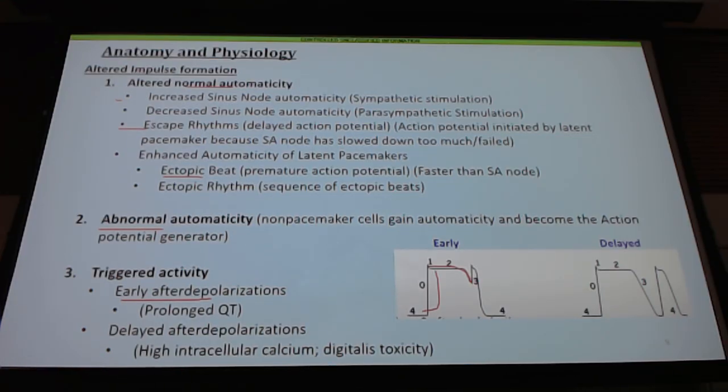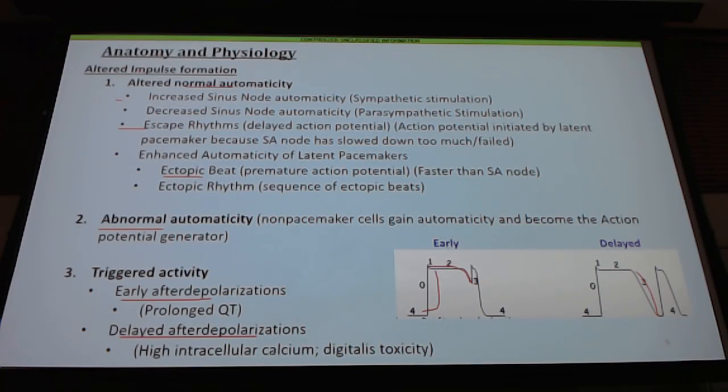The other triggered activity is these delayed afterdepolarizations, and these would be in situations like with hypercalcemia, where the cells have all repolarized, but you haven't really gotten the cell membranes back to normal yet. Like that phase 4 of the action potential hasn't carried out for the full duration, and then that action potential is generated and triggers a response.